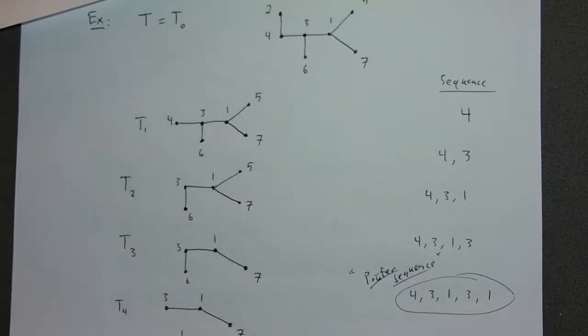But we need to make sure that we can recover exactly this tree from a given sequence, so that if I start with one of these sequences, the tree that I get out of it is not ill-defined, not ambiguous.